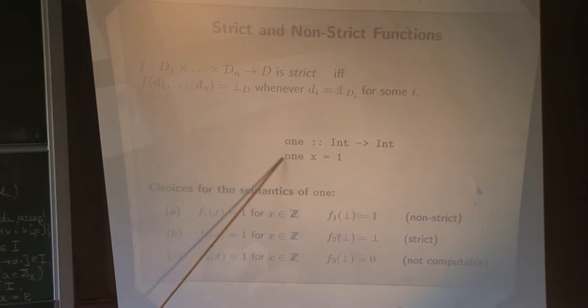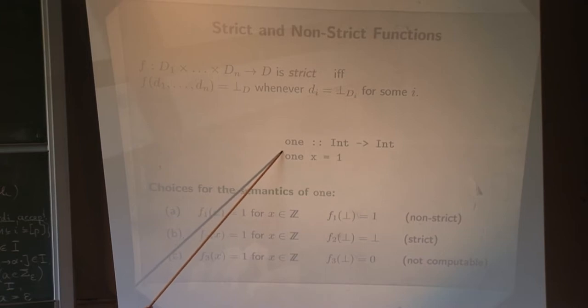Now, let's look at an example. This was the example we had at the end of the last lecture. This is Haskell. So this is the Haskell function 1, which is defined like this. 1 of x is 1. And now the question is, what should be the semantics of this function? I made 3 suggestions, and for integer numbers, this has to be a function which always returns 1. The only interesting question is what happens if the argument is undefined.